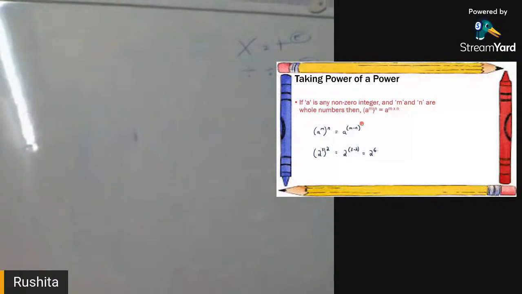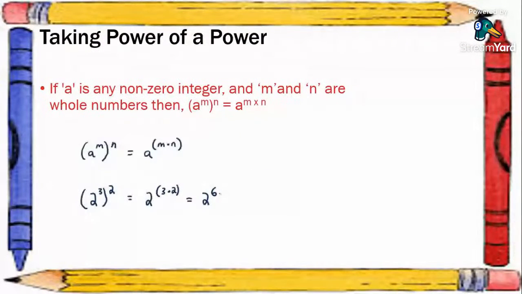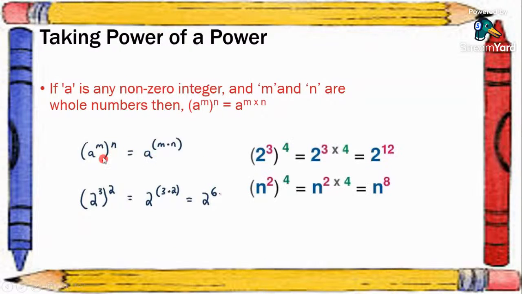I'll move the screen to the presentation. Yes, you can see. This is the first one, this is the second one. So let's see this: 2 to the power of 3 whole to the power of 2. Now let's use the formula first. a to the power of m whole to the power of n equals a to the power of m into n.